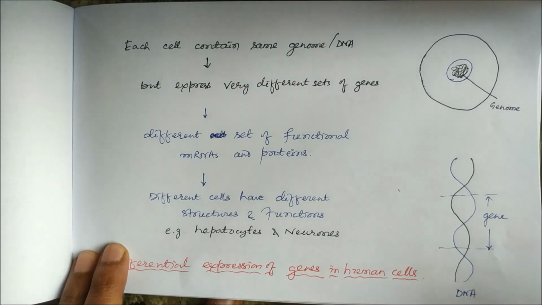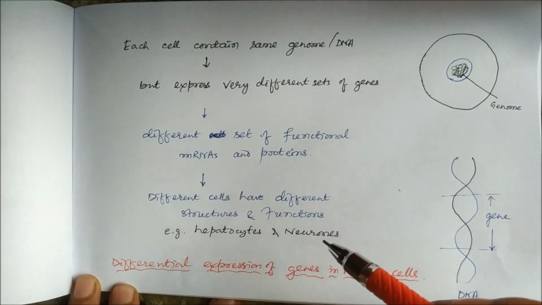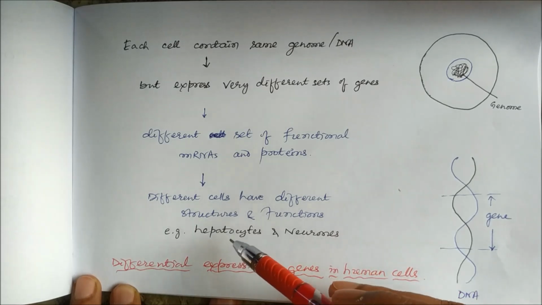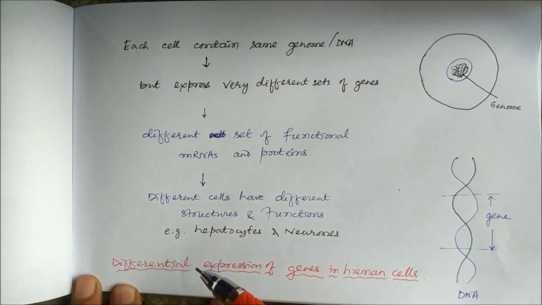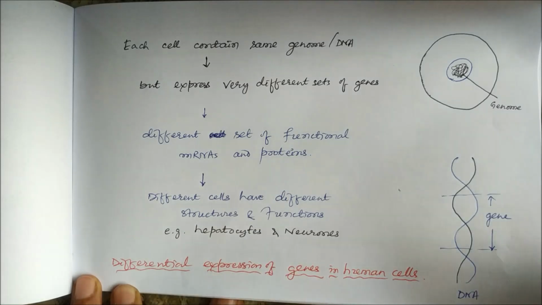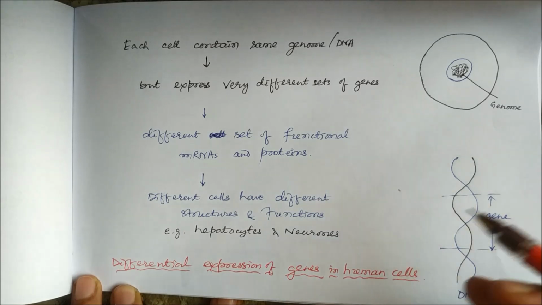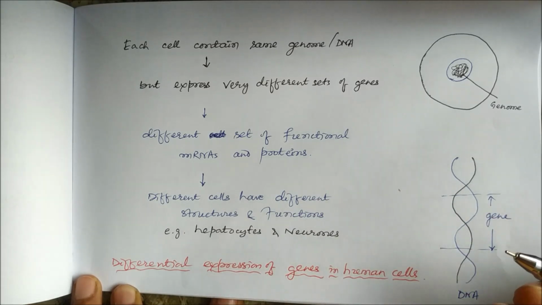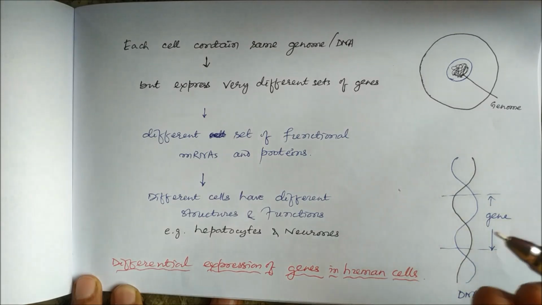For example, hepatocytes are the liver cells, so the main function of the hepatocytes is metabolism, and for that we need enzymes which are required for the metabolism. Enzymes are basically proteins, so those enzymes are synthesized in the hepatocytes. In neurons, we need the neurotransmitters, and their synthesis requires enzymes.